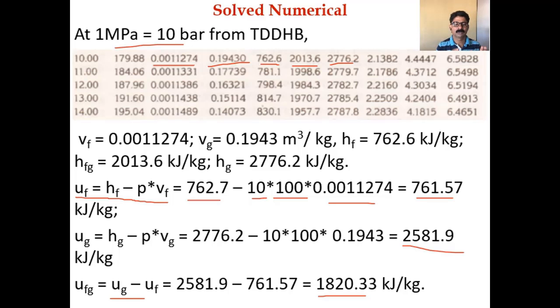This calculation of the internal energy using the H minus PV formula is very, very important. Once you calculate Uf and Ug, Ufg is nothing but Ug minus Uf, or directly you can calculate Ufg as Hfg minus P into Vfg, where Vfg is nothing but Vg minus Vf.